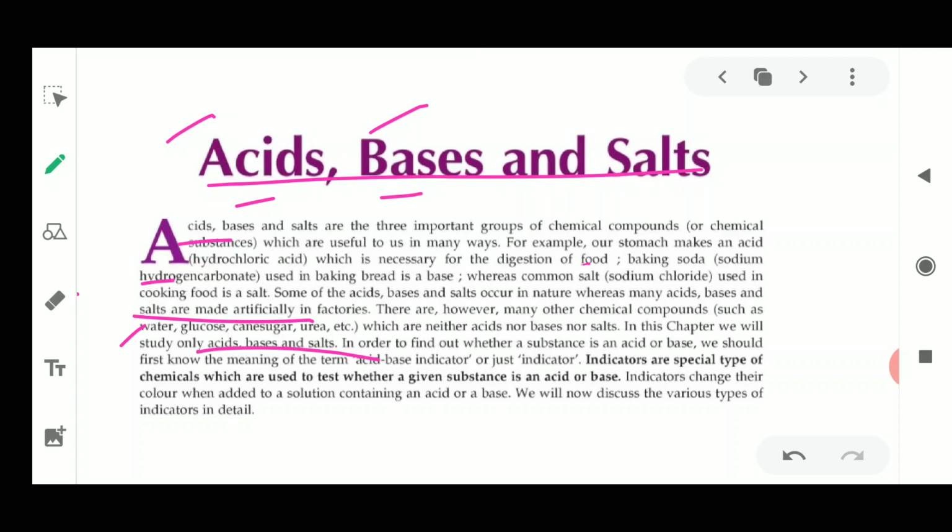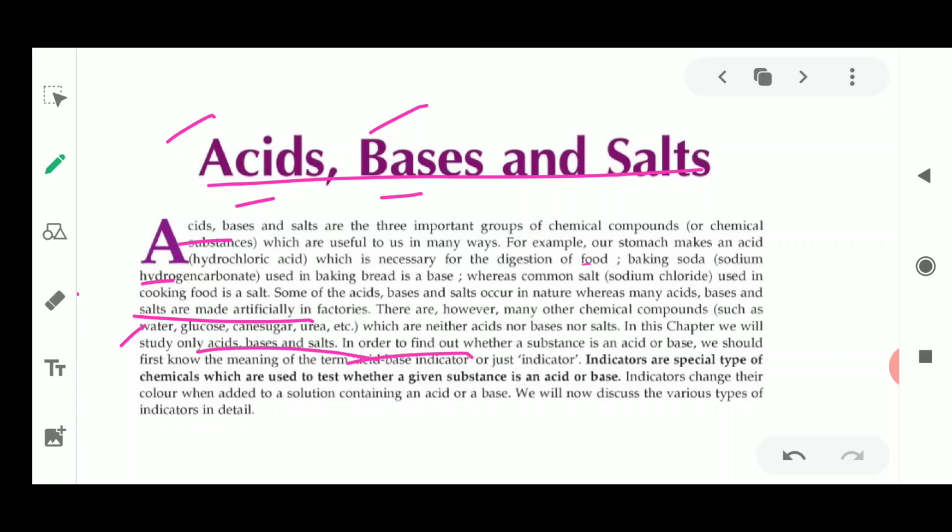Now in order to find out whether the substance is acidic, basic or salty, we need to know about the term acid base indicators.